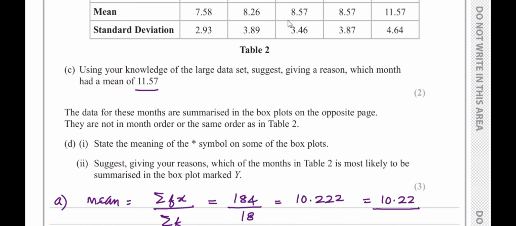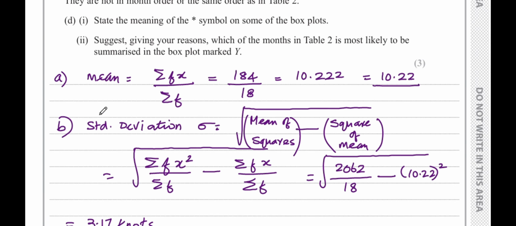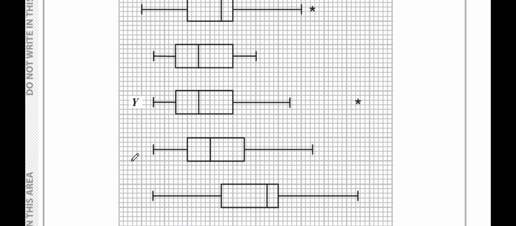There are 3 months in which the mean is close to each other. Let's look at the 5 box plot diagrams. Okay, so Y is one of the 3 having mean close to each other. Therefore, it could be either B or C or D, because this and this are out. They could be either A or E. Most probably this is E and that one is A.